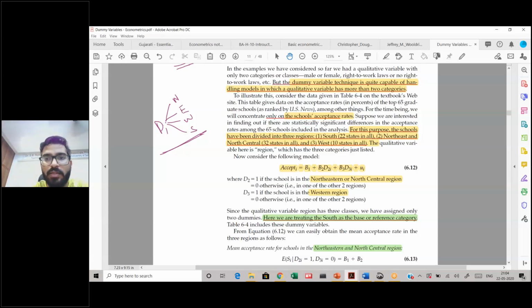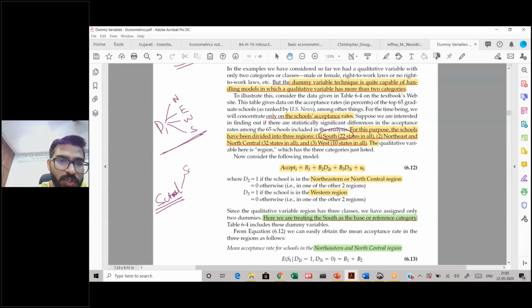Suppose you want to check the acceptance rate: how many students were accepted in Gargi College from different schools, and these different schools were from 3 categories. Schools across India is a dummy variable, because you have divided these schools into three divisions.